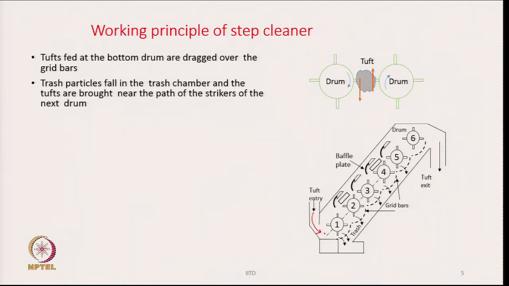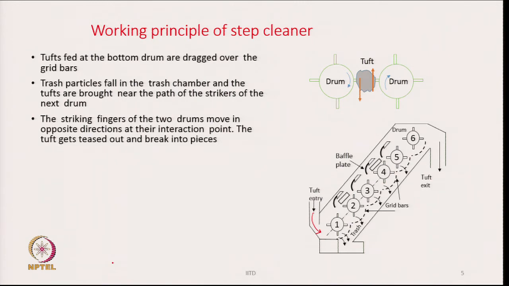It is going to drag the tufts over these grid bars, and when these tufts are moving over the grid bars, a lot of trash particles will fall in the trash chamber, and the tufts will move from drum 1 and go towards drum 2. So, drum 2 is now going to pick up the tufts.